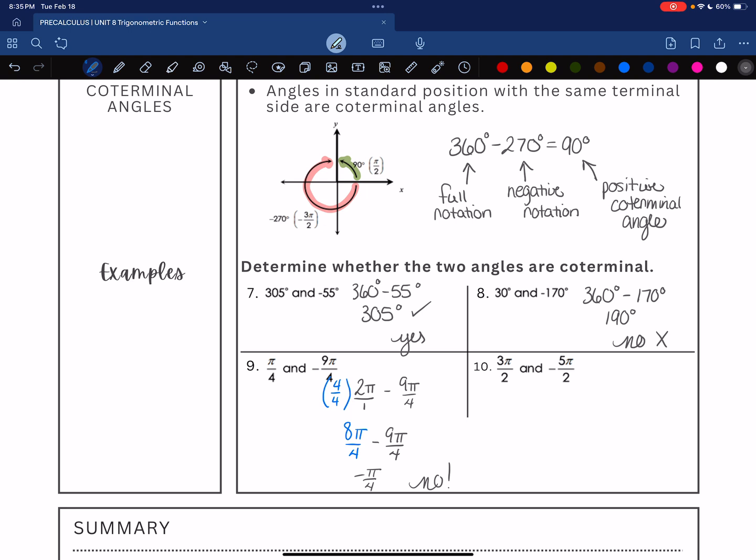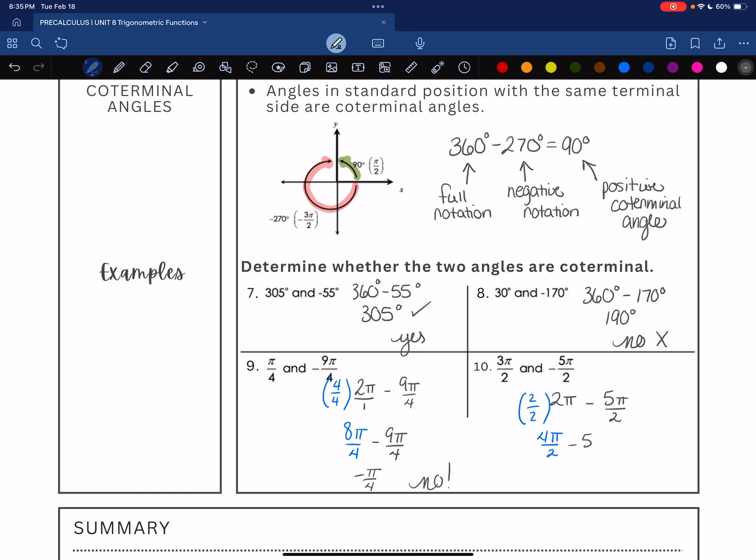All right, and what about this next one? Are these coterminal? Well, let's check and see. Take your full rotation. A full rotation is 2 pi. And take away that negative radian measure from it. Get common denominators, and that gives you 4 pi over 2.